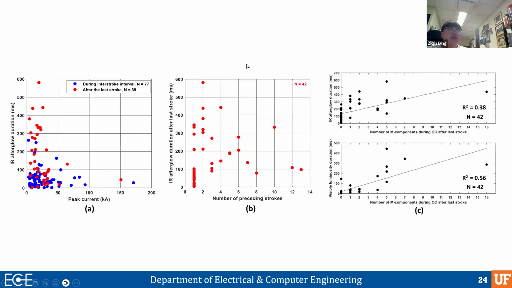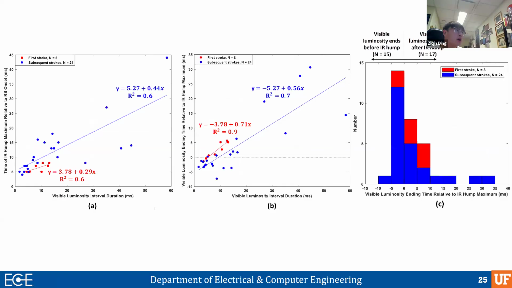So we did find some correlation here: the more M components we have after the last return stroke, the longer the infrared afterglow duration will be. We also looked at the correlation between the visible luminosity interstroke interval duration and the infrared interval. The longer the visible luminosity interval is, the longer the infrared luminosity interval is.